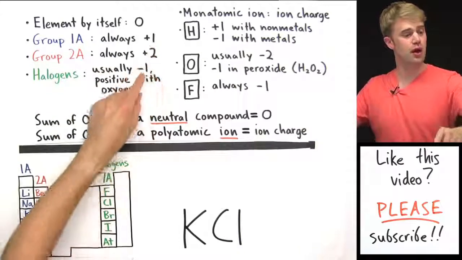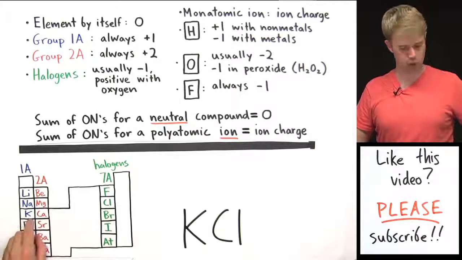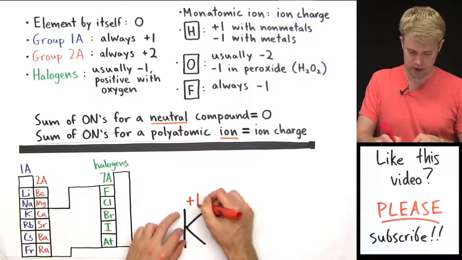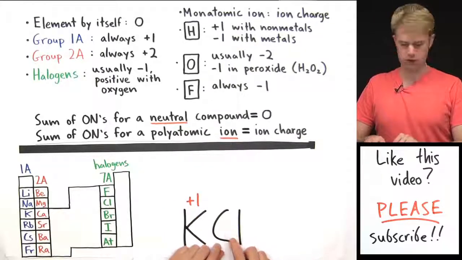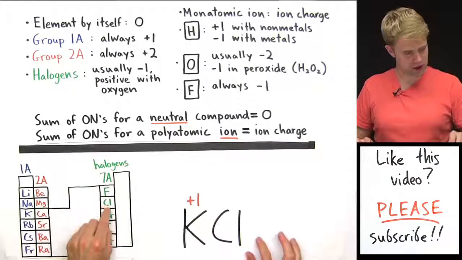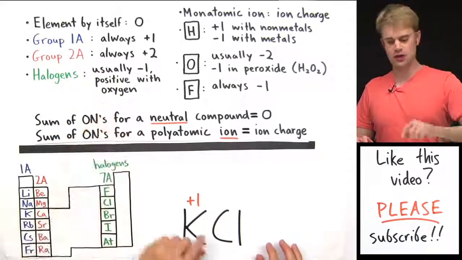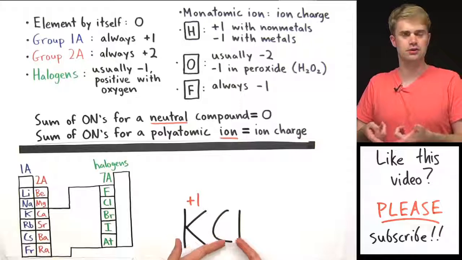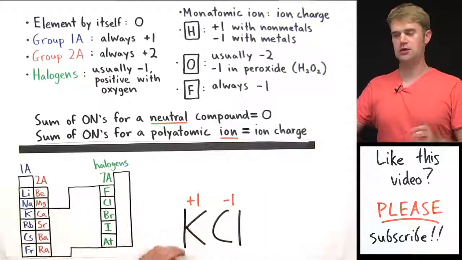There's a rule that elements in group 1A are always +1. So that is potassium's oxidation number. Then we have Cl over here. That is one of the halogens. Halogens are usually -1, positive with oxygen. Cl certainly isn't with oxygen here, so we'll give it a -1 oxidation number.